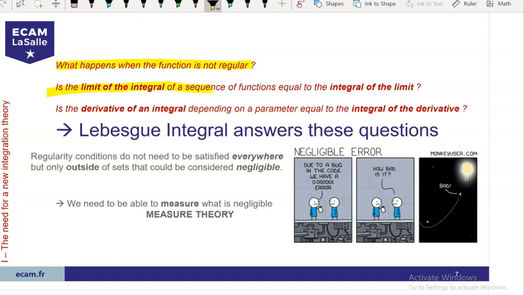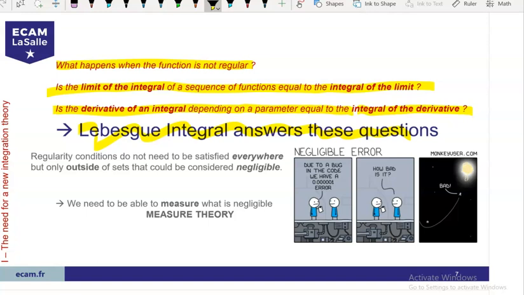Is the limit of the integral of a sequence of functions equal to the integral of the limit? That was our first example. Is the derivative of an integral depending on a parameter equal to the integral of the derivative, or continuous? That's the kind of scheme.